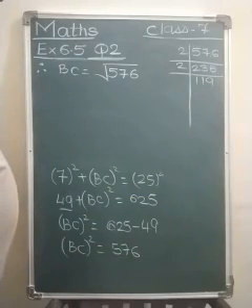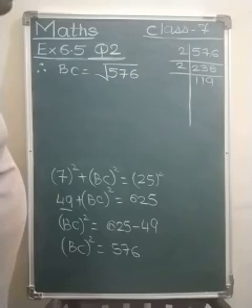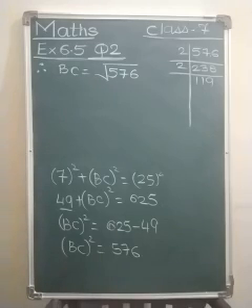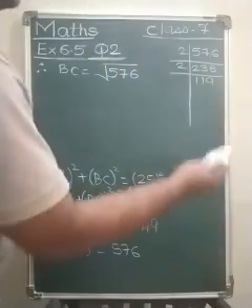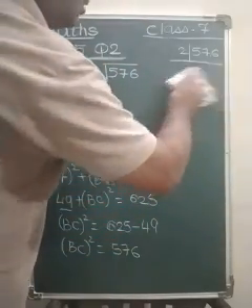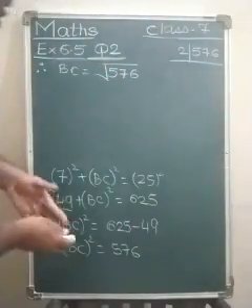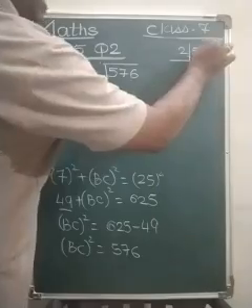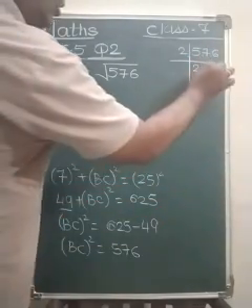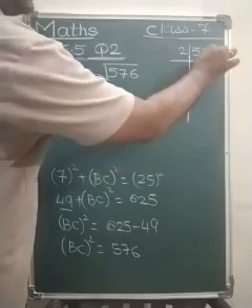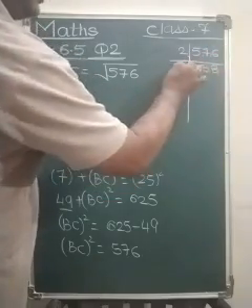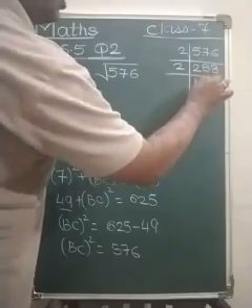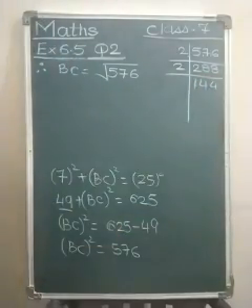Is there some mistake? Let us see. See here, 2 2s are 4, carry over 1. 2 8s are 16, again carry over 1, so 288. 2 1s are 2, 2 4s are 4.